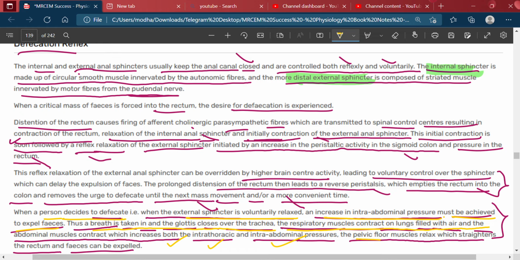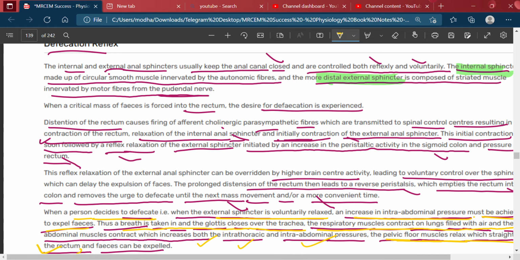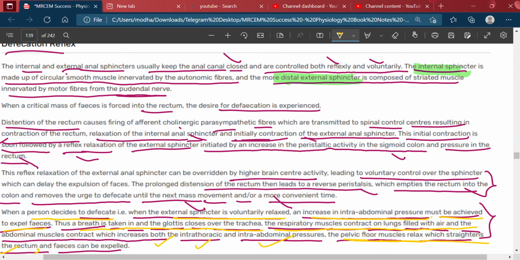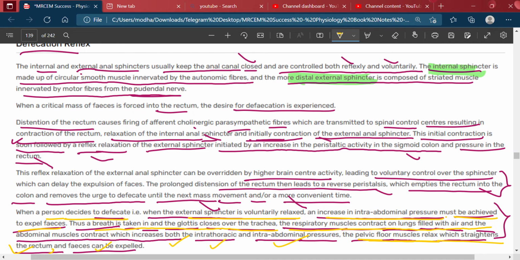The pelvic floor muscles relax, which straightens the rectum, and the feces can be expelled.